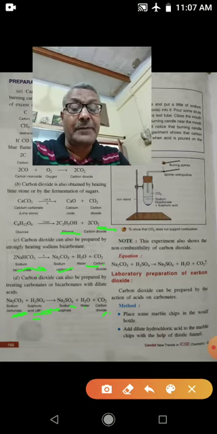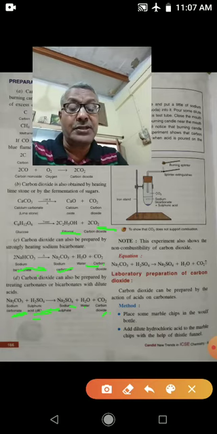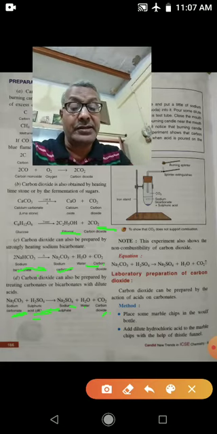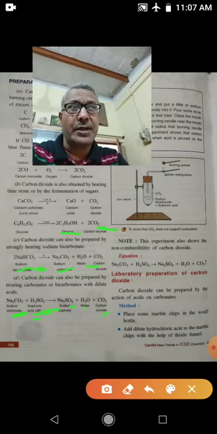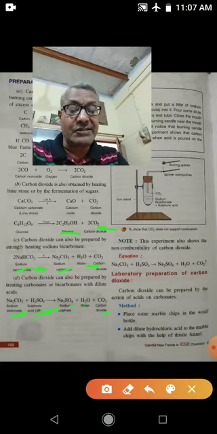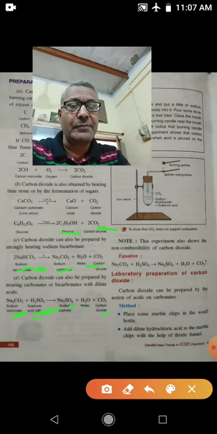Carbon dioxide is prepared by thermal decomposition of calcium carbonate. Carbon dioxide is prepared by thermal decomposition of sodium bicarbonate. And last method I told, carbon dioxide is prepared by treating sodium carbonate or bicarbonate with dilute sulfuric acid.